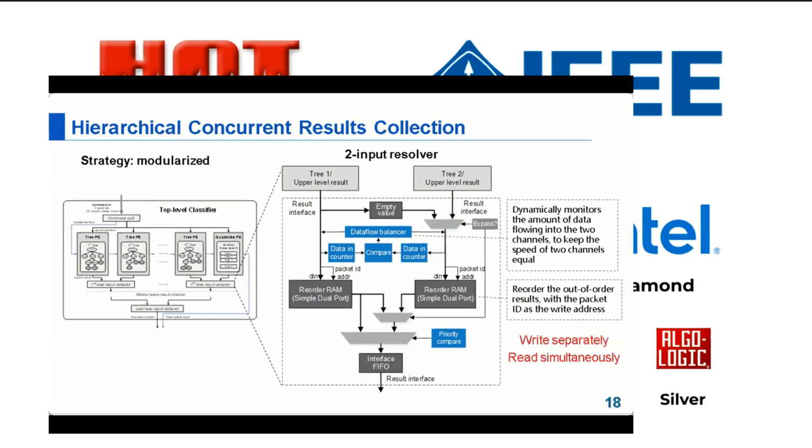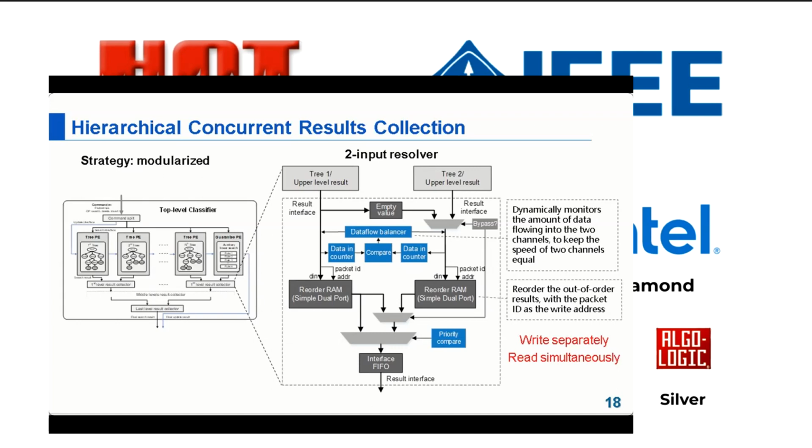Once a predetermined number of results have been written, the results of both channels are concurrently read in order and compared by priority. Rules with higher priority are output to the FIFO controlled by the bus interface to the next level module.